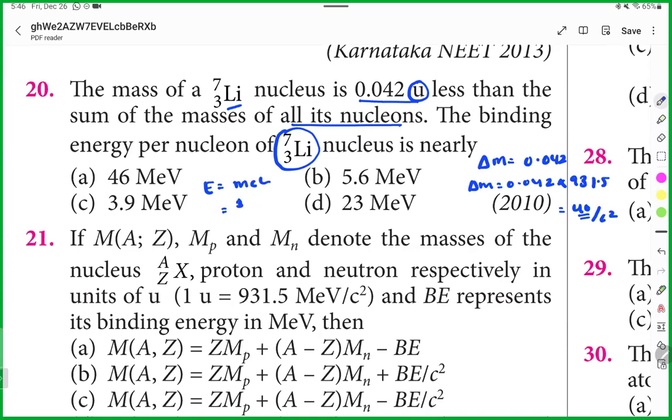So it is around 40 by c square into c square. Done. So it's easy to do. Binding energy per nucleon in this case is 40 divided by 7, so around 5.6.